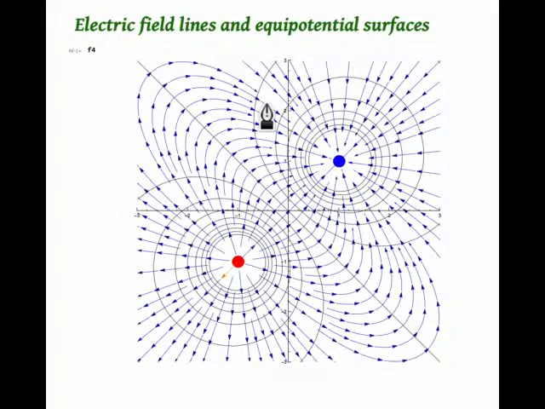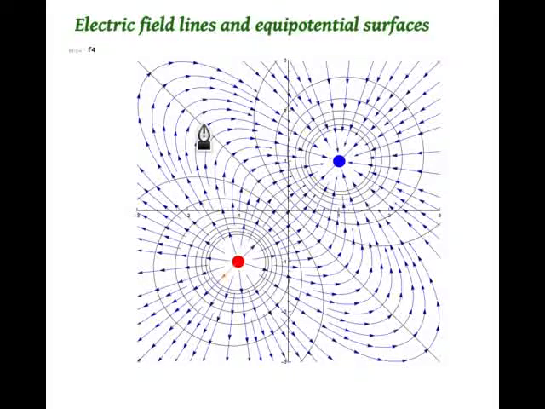Now, the electric field is the rate of decrease of the electric potential. So another way to visualize the electric field is to draw the equipotential surfaces, or in this two-dimensional picture, equipotential curves, curves along which V is constant. Those are the equipotentials.